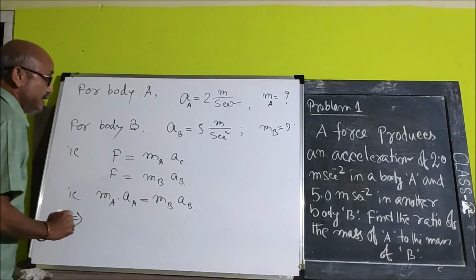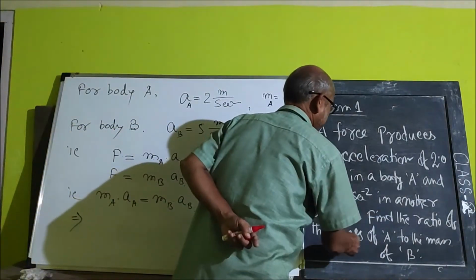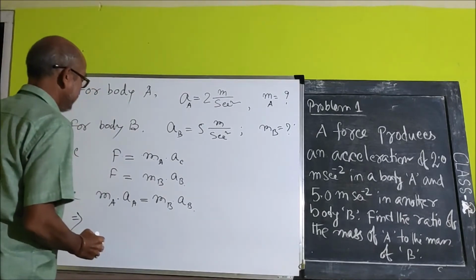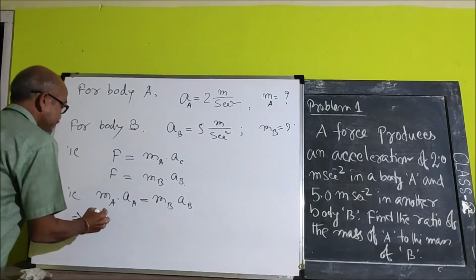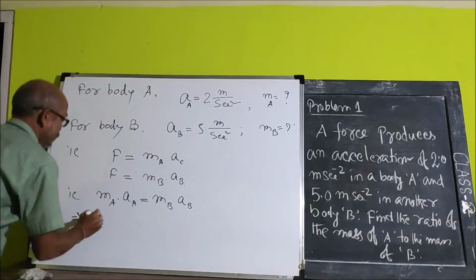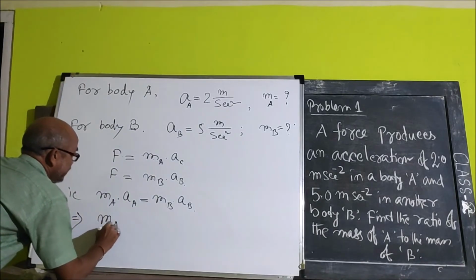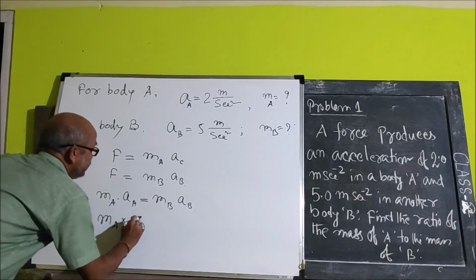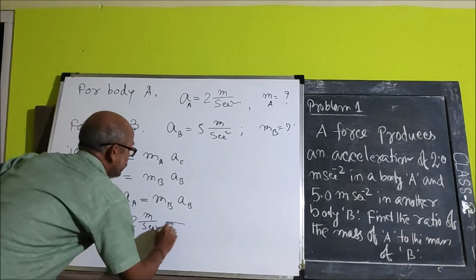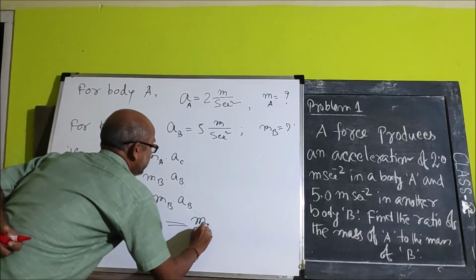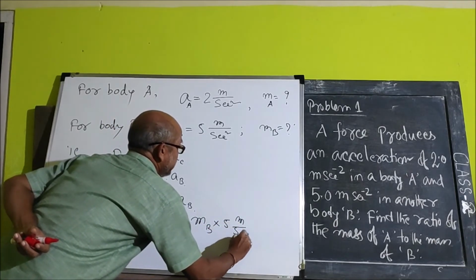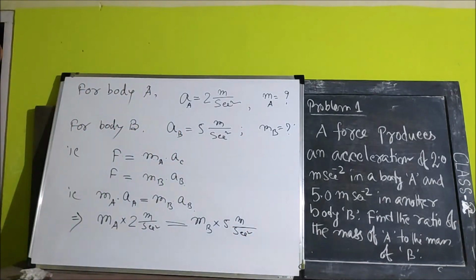You see here, we have to find the ratio of the mass A to the mass B. m_A, not given, into 2 meters per second squared equals m_B, not given, into 5 meters per second squared. This is done numerically.